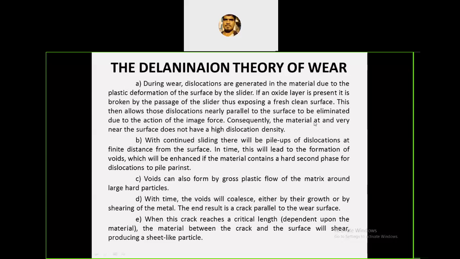Propagation means the crack will continuously grow, just like in a tensile specimen. If we continuously apply the load, the small voids will start in the form of cracks, and the crack will continuously propagate until it fractures. Here also it is the same thing.